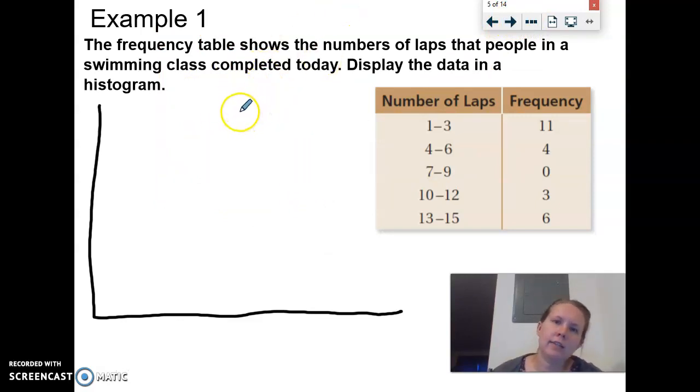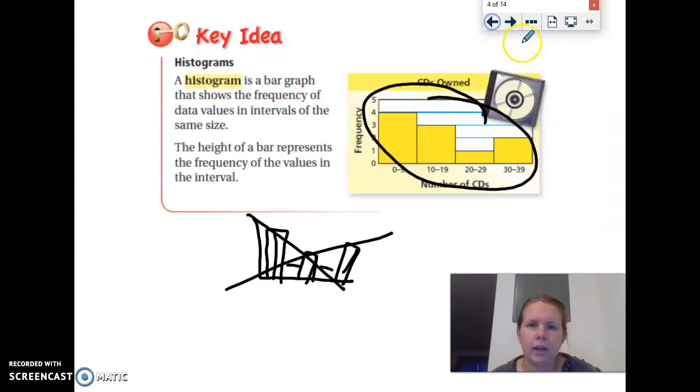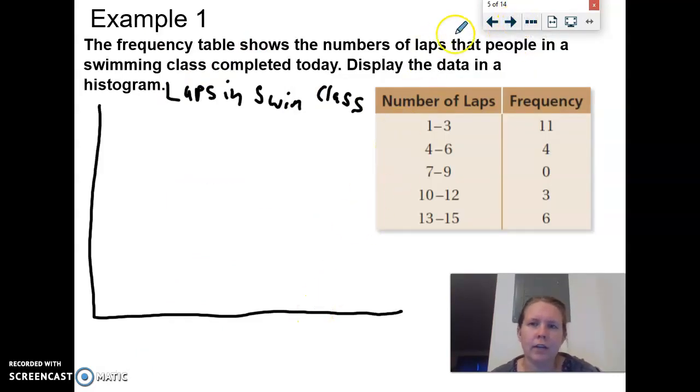So in this case, I would maybe label this laps in swim class. Down at the bottom here, I would say number of laps, and I'd say frequency over here.